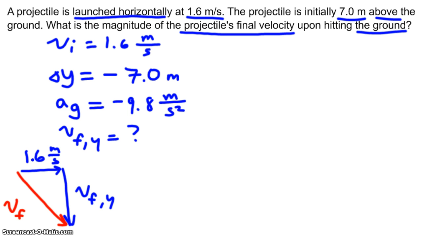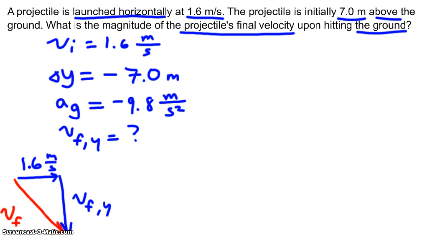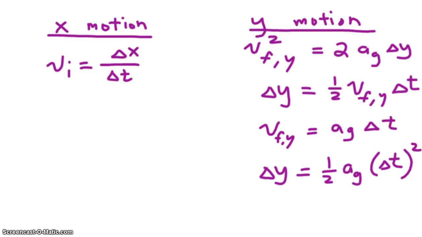So we have to choose an equation from all of the equations that we have. We have to choose one that allows us to find v final y. We know those two things. You look through your equations, the ones for y motion. So let's look at those equations and find the equation that has these three things: delta y, a g, v final y.